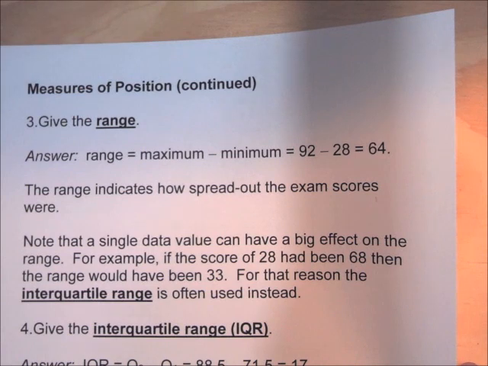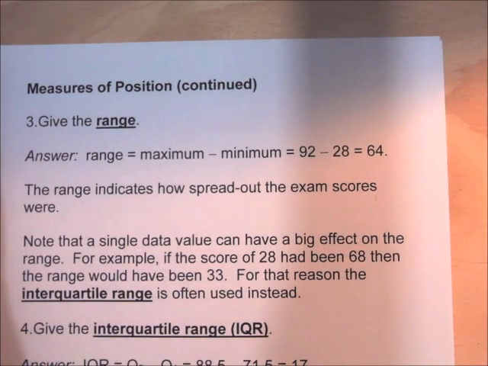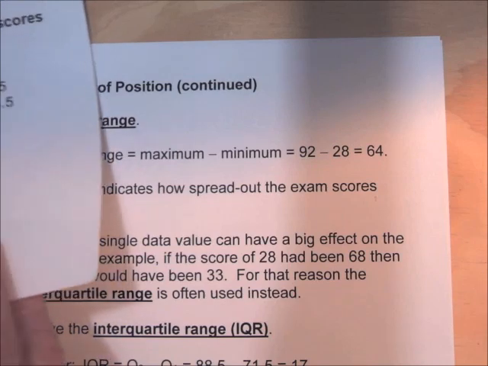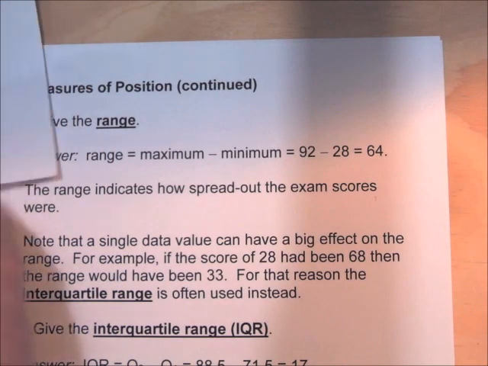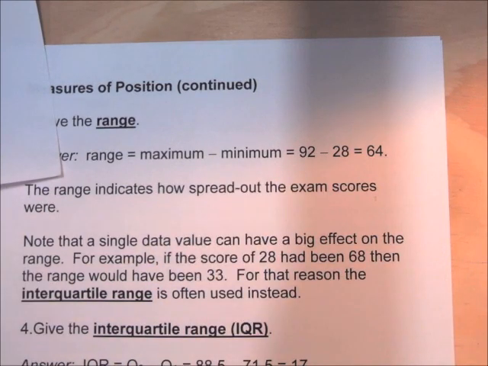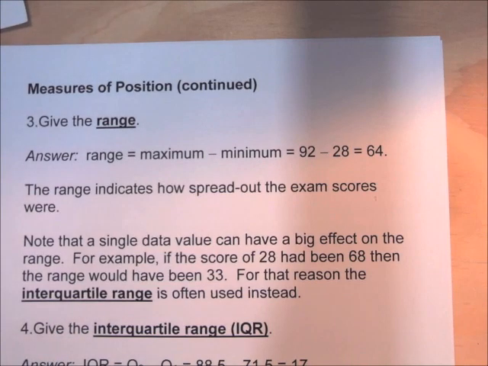The range has the disadvantage that it's very much affected by an outlier. So if this 28 were, let's say, a 68 instead of a 28, then the range is going to be 24 instead of 64. It's going to make a big difference in the range. So one way around that is called the interquartile range.